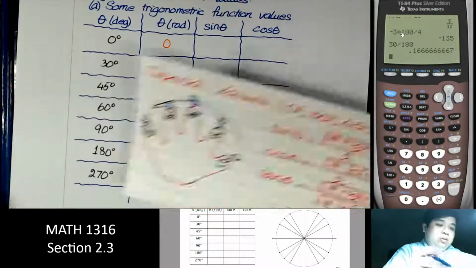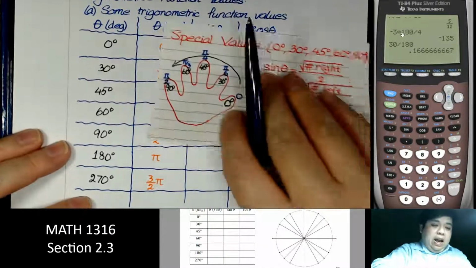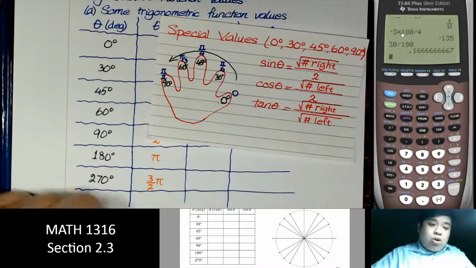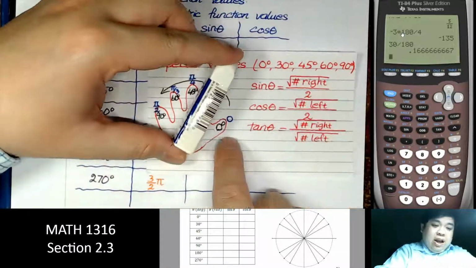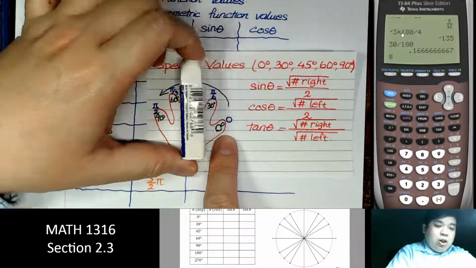And then the values as we go. So cosine, sine is the angle from the right fingers on the right. So we go from 0, 1, 2, 3, and 4.